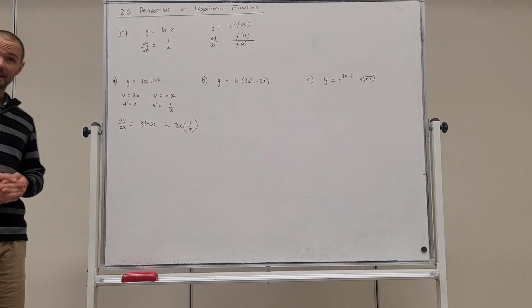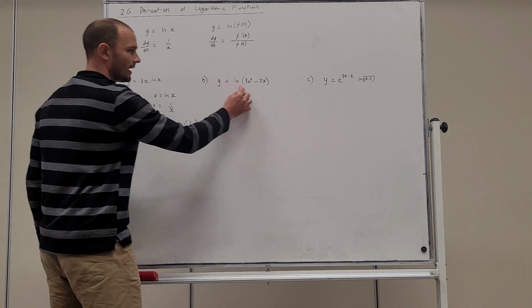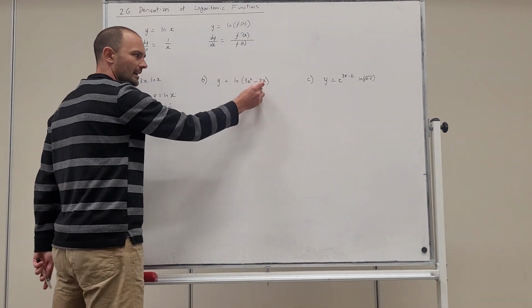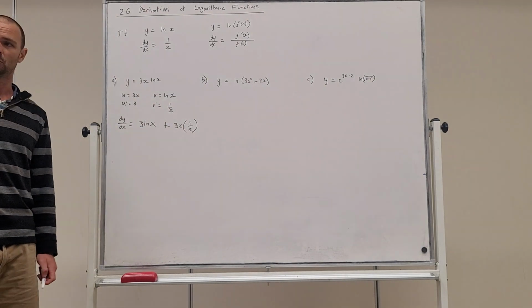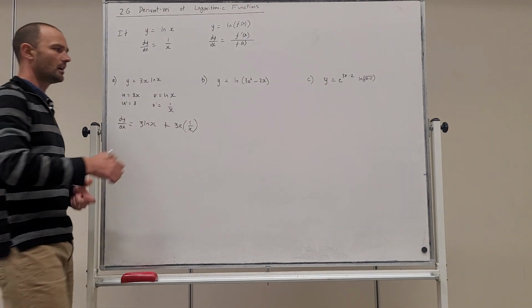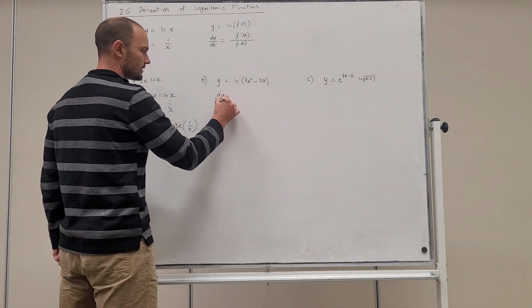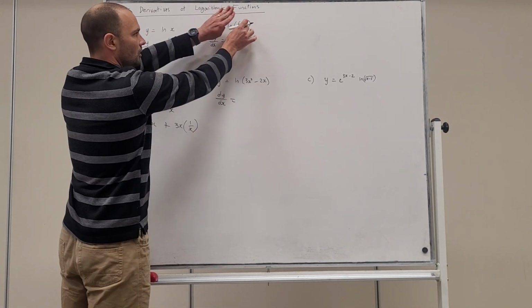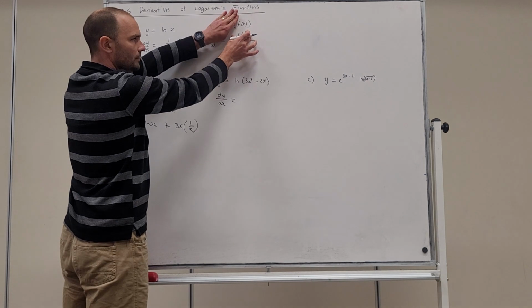All right, then for b, we have ln of f of x. We've got some function in the brackets here, so we're going to differentiate this in one step. If y is ln of f of x, we take that function and put the derivative at the top.